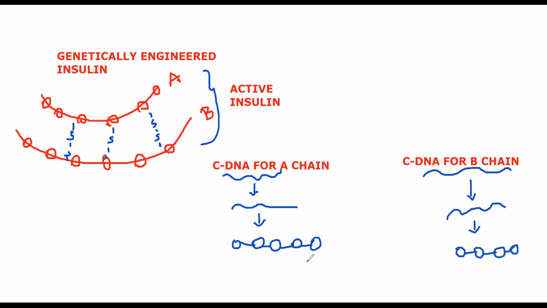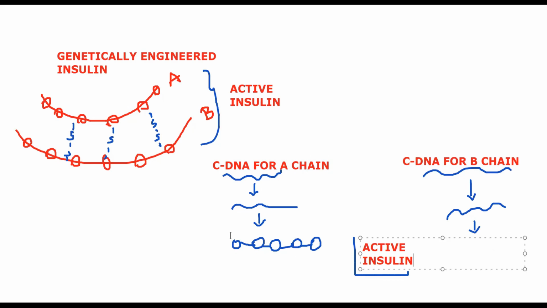If we combine these, we will automatically get active insulin. So the DNA for A chain we insert into a host, and similarly the DNA for B chain we insert in the host, then finally we'll get our product, that is active insulin. This is actually the genetically engineered insulin.